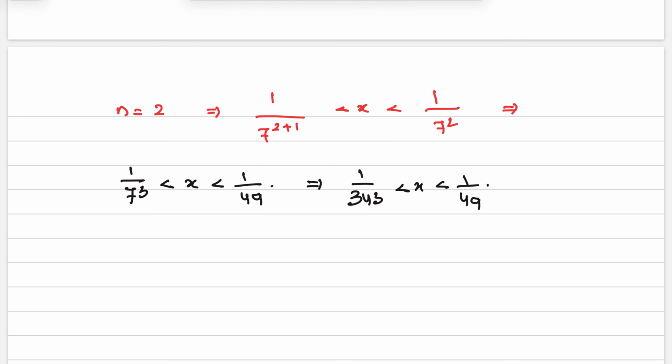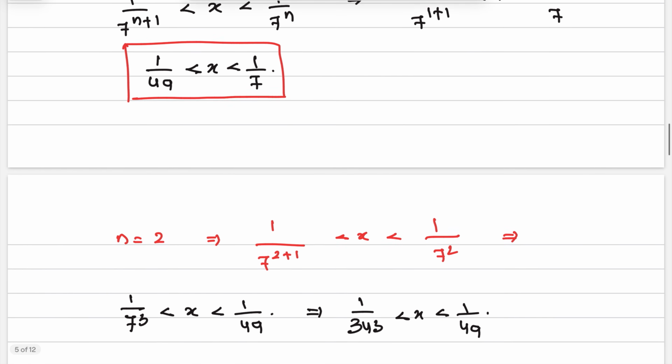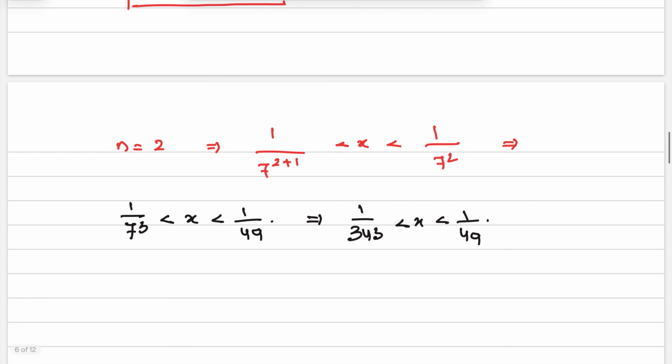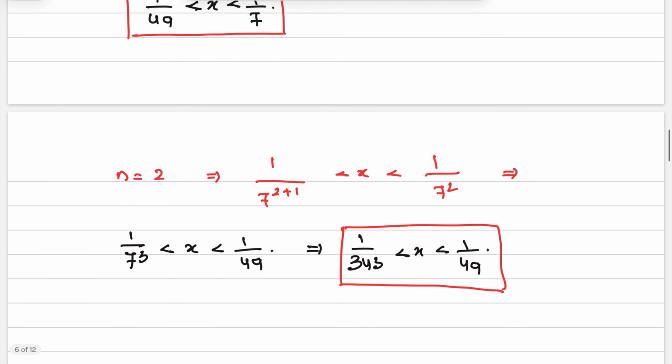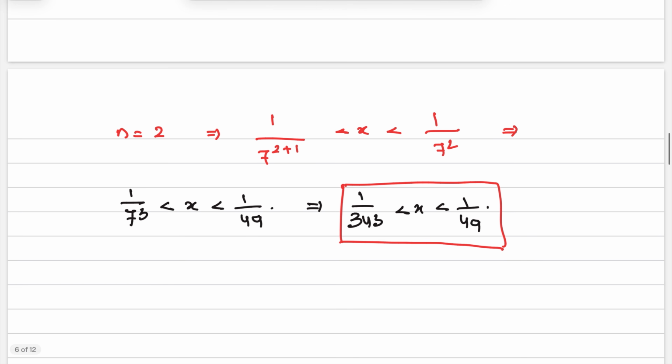Now, the question here comes: we have got two conditions. When n is equal to 1, we have 1 by 49 is less than x is less than 1 by 7.